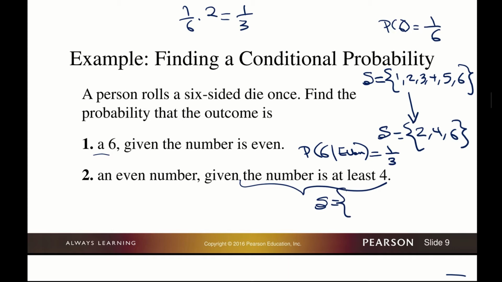That means 4 is one of the numbers that's possible, and then 5, and then 6, right? So now we want to know the probability that an even number has come up given that one of these numbers has come up. Some number greater than or equal to 4 has come up, right?